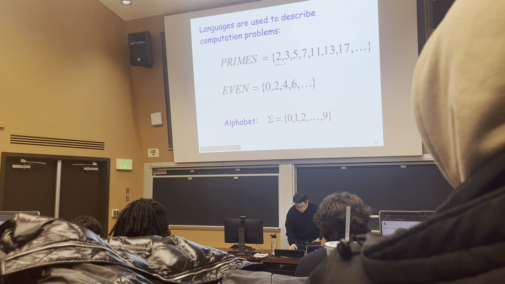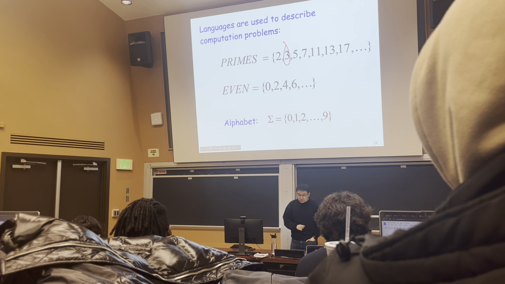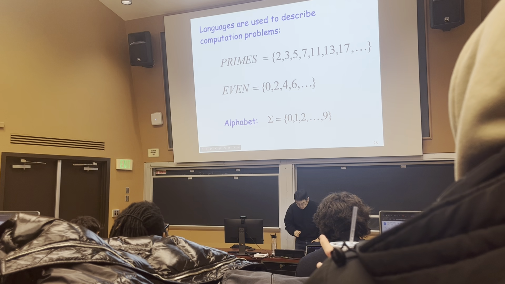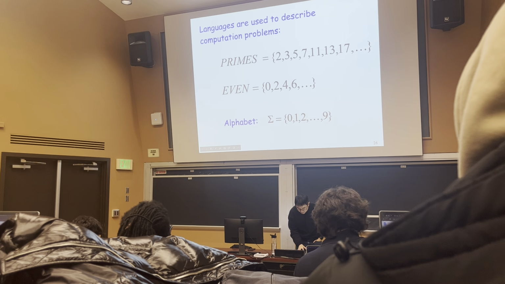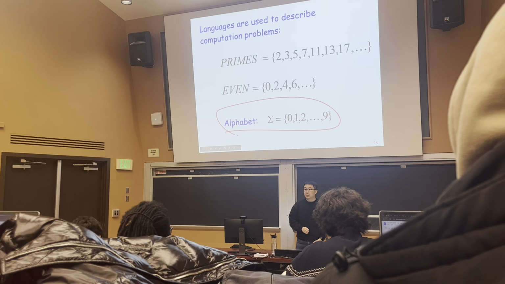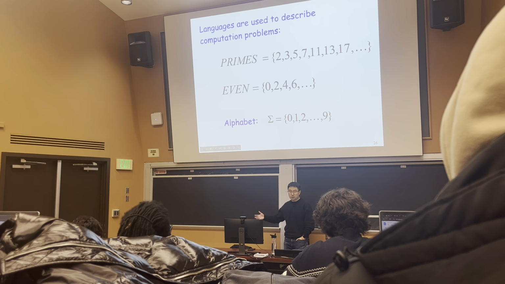It's a set that includes all of the strings. This string includes only one symbol, but this one includes a sequence of two symbols, 1 and 7. And all the symbols together form this alphabet, 0, 1, 2, dot, dot, dot, 9.